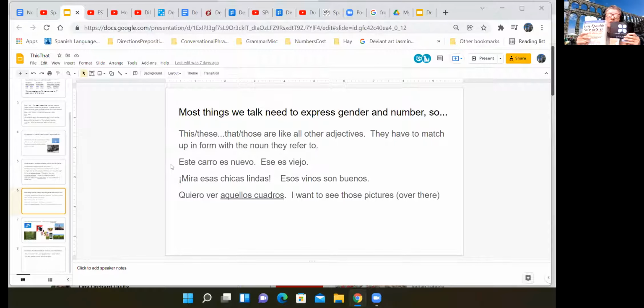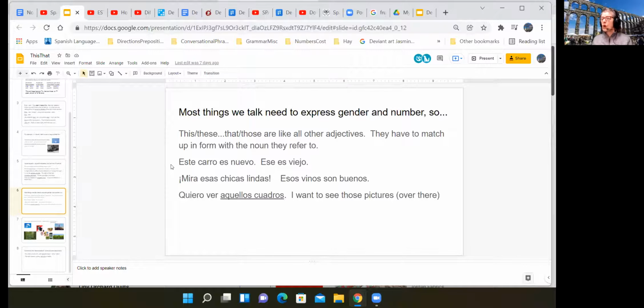So, los libros importantes, los libros grandes, los libros pequeños, right? All those words are descriptive adjectives, but estos libros, estos is nothing more than an adjective. It's just showing you, instead of a size or some other information about these books, where they're located in space.